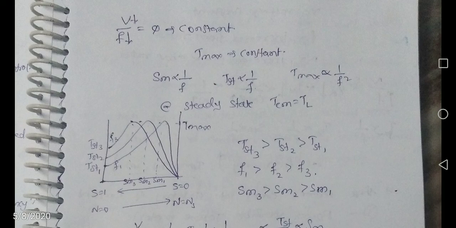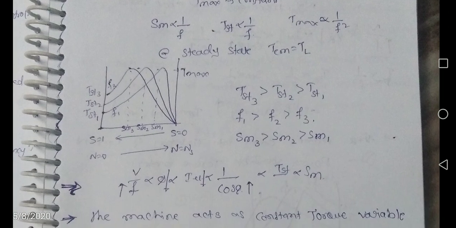The maximum slips are Sm3, Sm2, Sm1. So if there is an increase in frequency, the starting torques decrease, and slip at maximum torque also decreases.